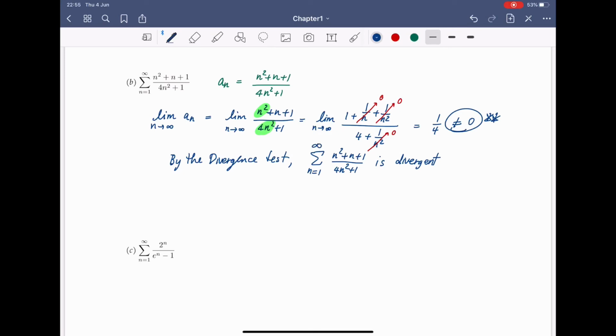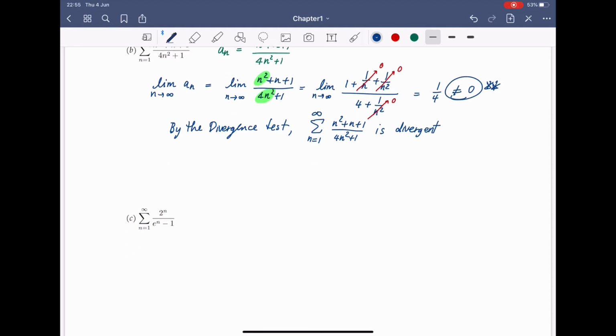Easy like that. The divergence test is easy to use. Every time you compute the limit and get something that is not equal to 0, it's going to be divergent by the divergence test. This should be the first thing you check when you see the problem.